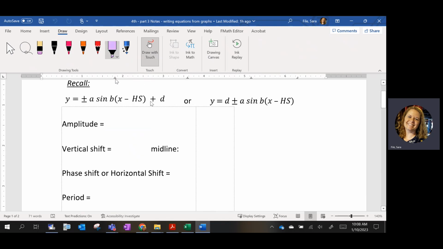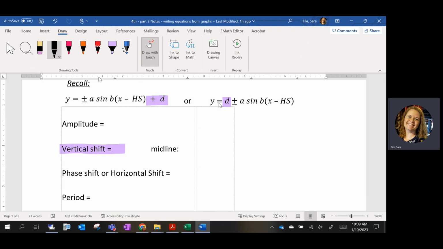So the very last piece, the very last type of transformation we talked about was a vertical shift. And we said a vertical shift came from the number added or subtracted on the outside of the function. Okay, so it's not in the parentheses here. It's not part of what we're taking sine or cosine of, but it can be written at the front, at the beginning of the equation, or it can be written at the end outside the parentheses though.